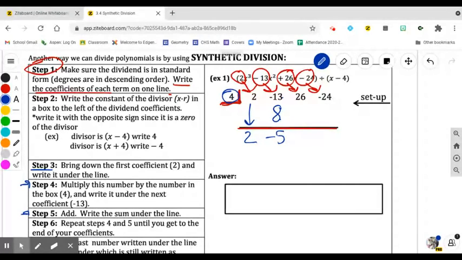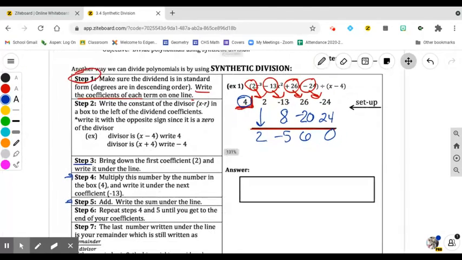You write that below the line. Then you multiply. 4 times negative 5 is negative 20. Now we add. 26 plus negative 20 is positive 6. Now we multiply. 4 times 6 is 24. Now we add to negative 24, which gives 0. So we're almost done. We did the division part.